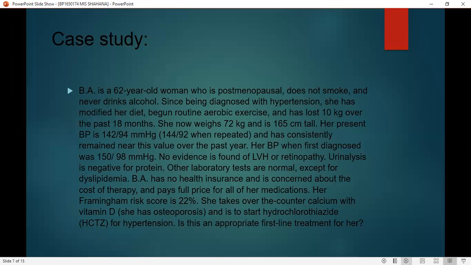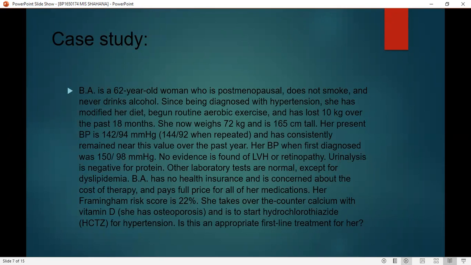No evidence is found of LVH or retinopathy. Urine analysis is negative for protein. Other laboratory tests are normal except for dyslipidemia. BA has no insurance and is concerned about the cost of therapy, and pays full price for all her medication. Her Framingham risk score is 22%.